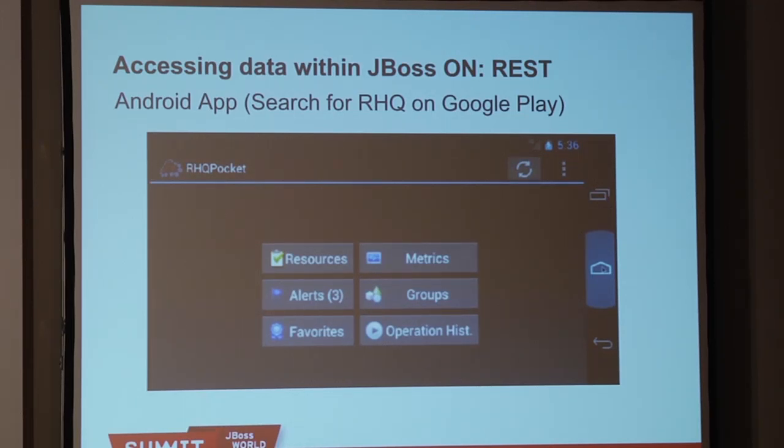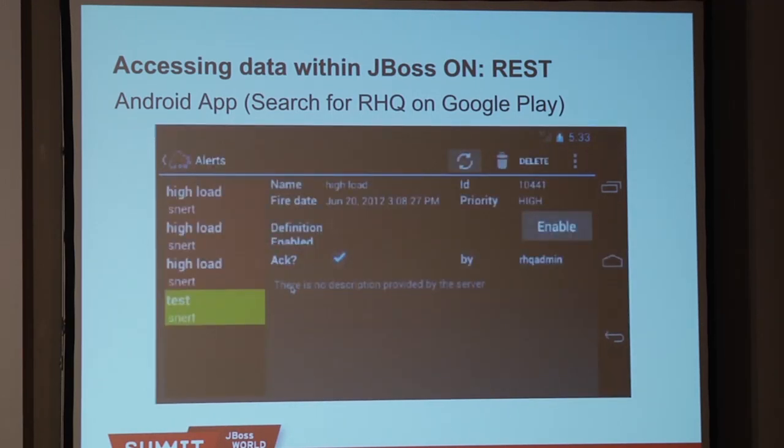You've got the ability to find particular resources. If you've favorited a resource in the UI, you can bring it up here in your phone or your tablet. We'll show you the operations history, so across the entire environment, what operations have executed, and then the alerts is a particularly nice aspect. You'll list out the alerts that fired recently.